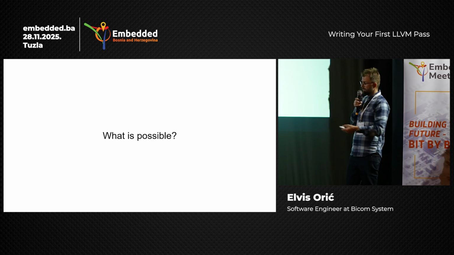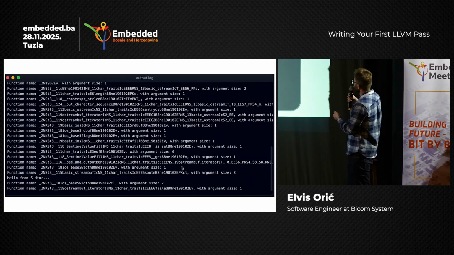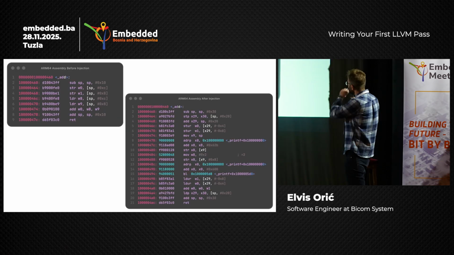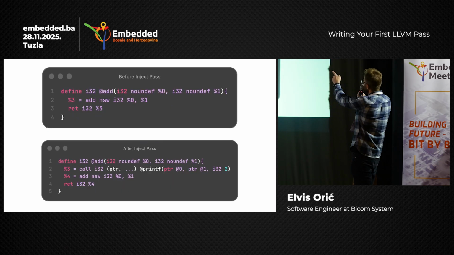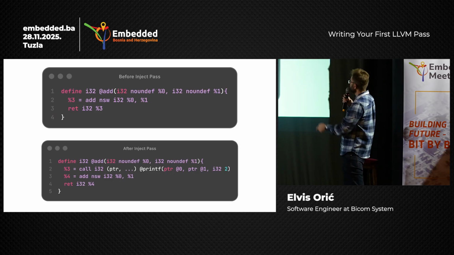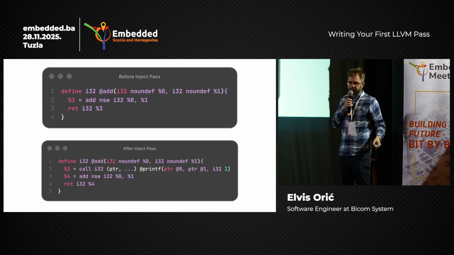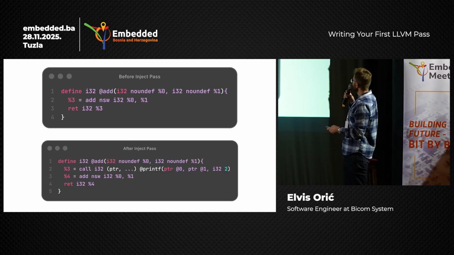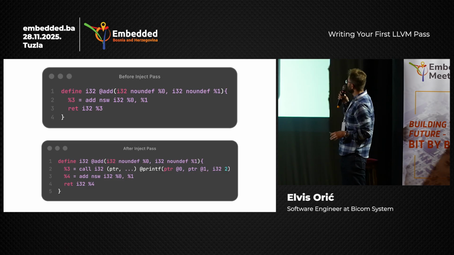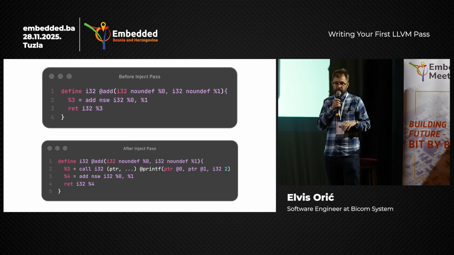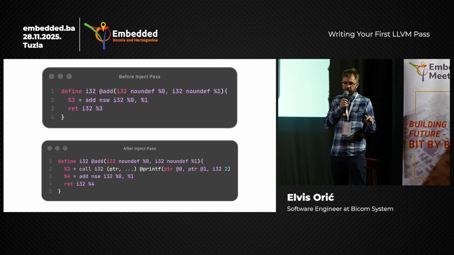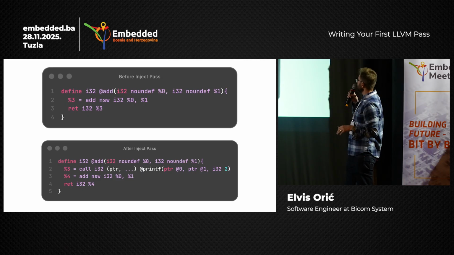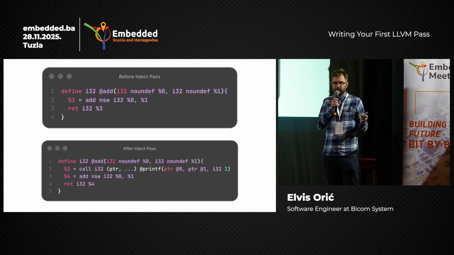So for example, if we go back and see the add function here, it's actually easy to figure out what this add function does. But if we want to change that so that bad guys cannot figure out what it does, we can inject some code that is not that trivial to figure out.